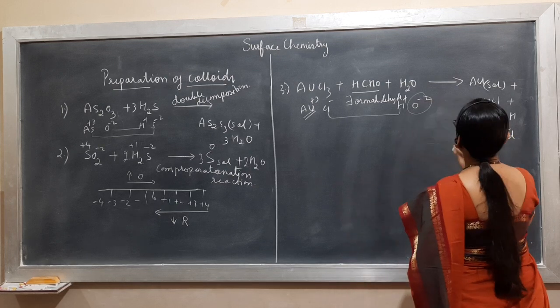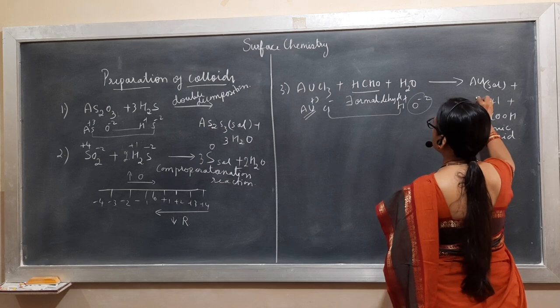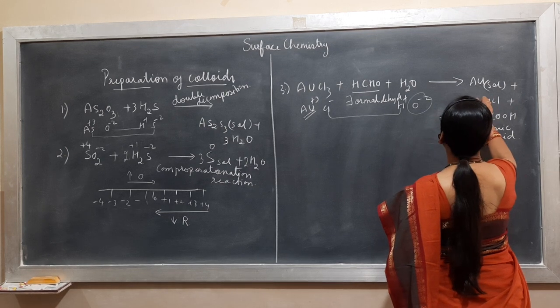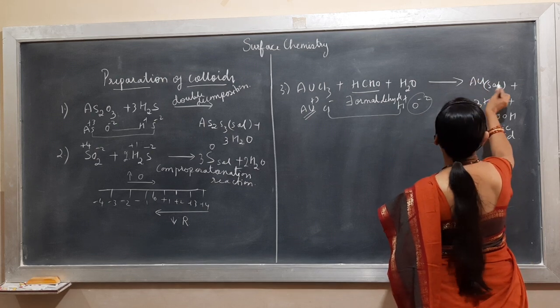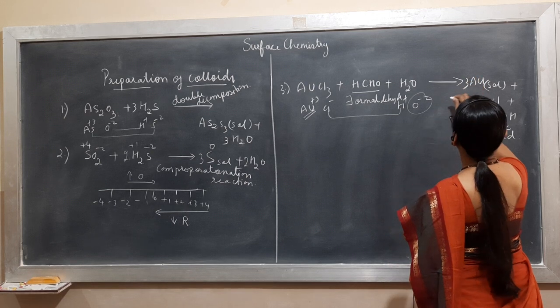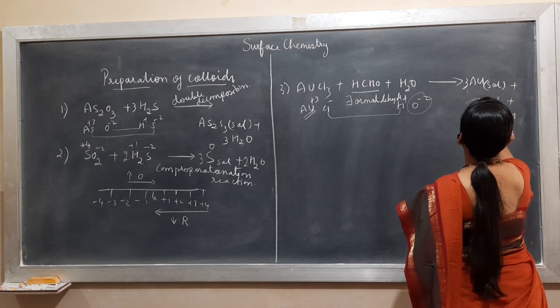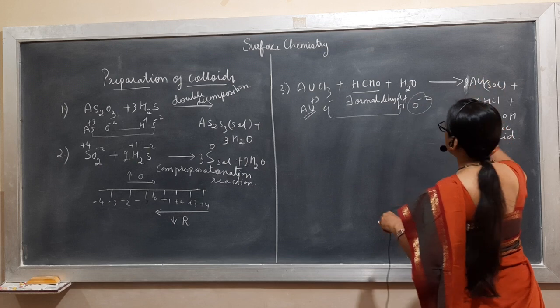Let us balance the equation. 3Cl we have. So if I write here 3, six HCl and then here 2 gold sol.